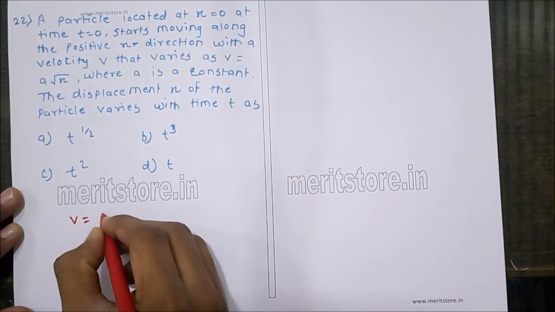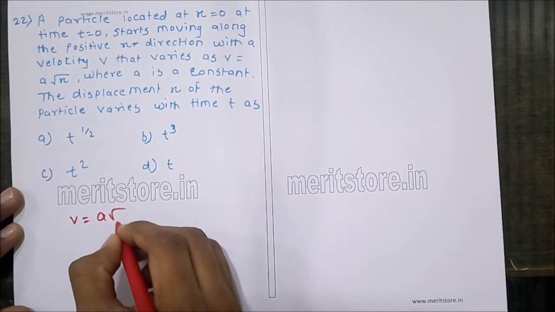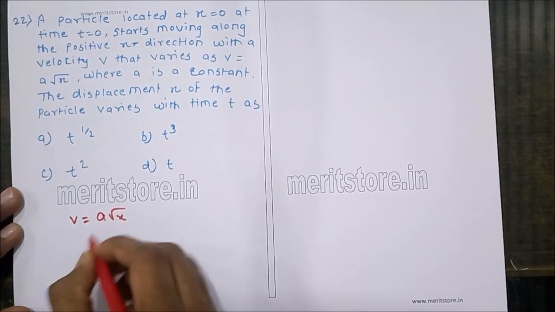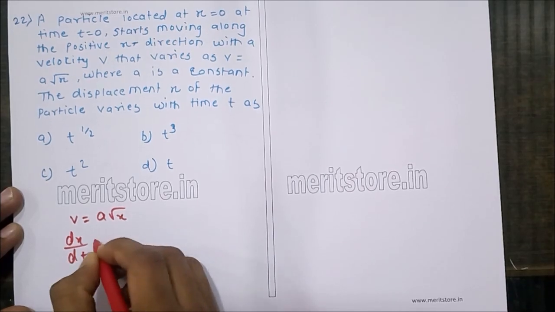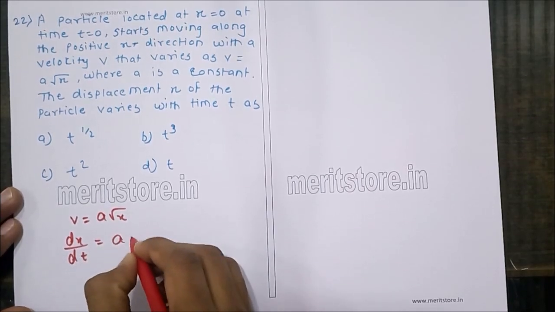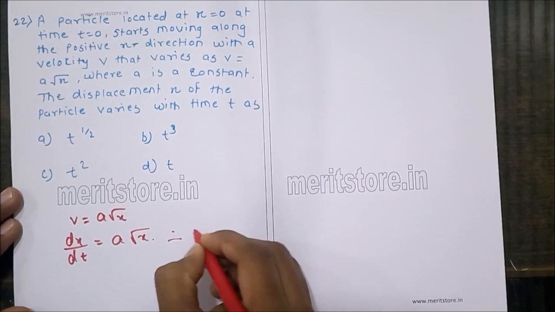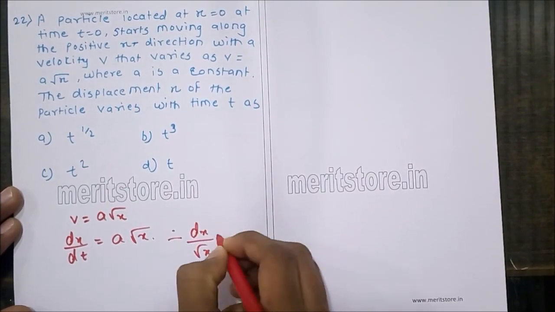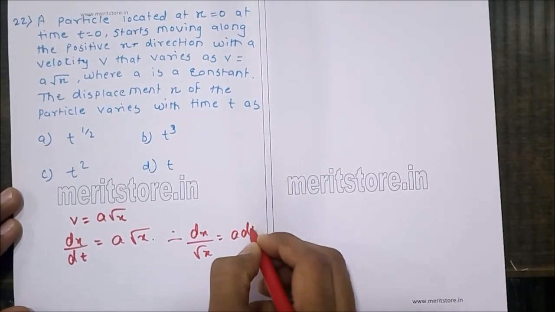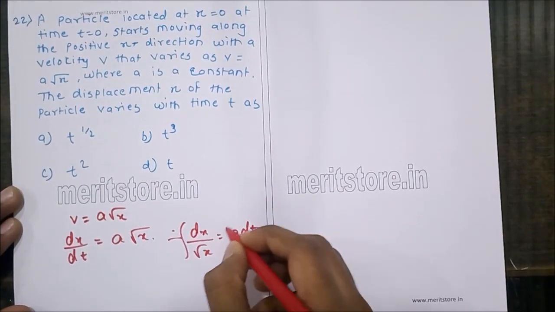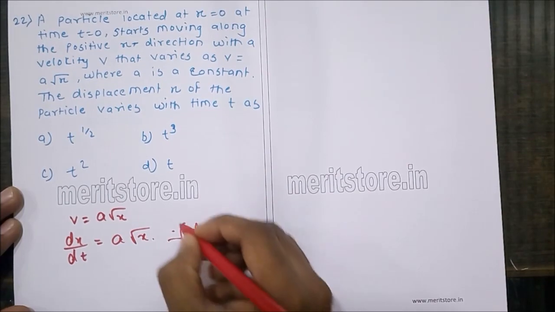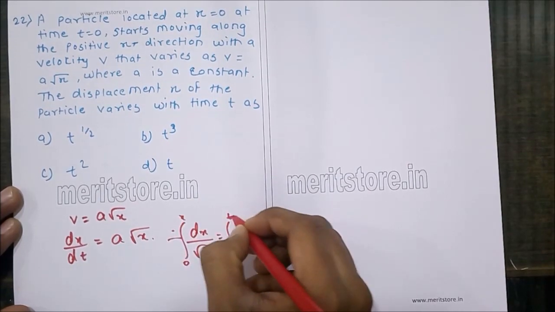The velocity is given as v equals a times root x. So the velocity can be written as a derivative of displacement. Therefore dx upon root x is equal to a dt. Now let's integrate both sides from 0 to x and from 0 to t.